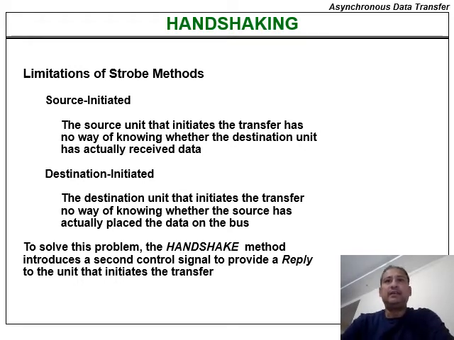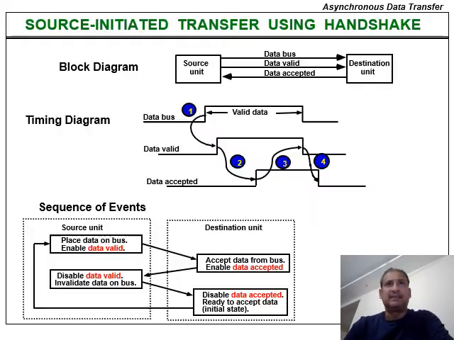The handshake method essentially gives us a way of acknowledging the signal that has been initiated by either the source unit or the destination unit. Once again, the handshake can be initiated either from the source side or the destination side. Let's first talk about the source initiated transfer using handshake.